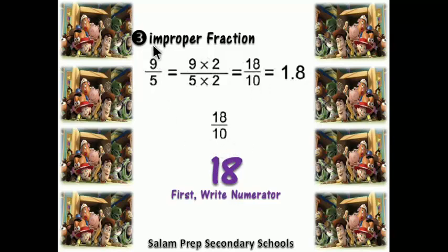To write the improper fraction in decimals, please do the following steps. First, write the numerator. In our improper fraction, the numerator is 18. So first, write the numerator 18, like this.